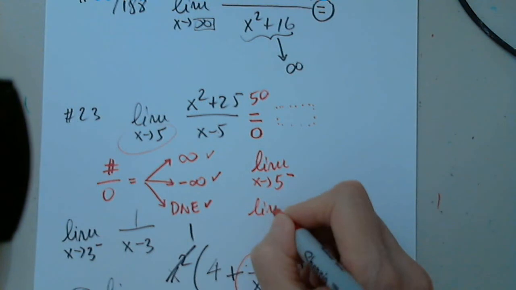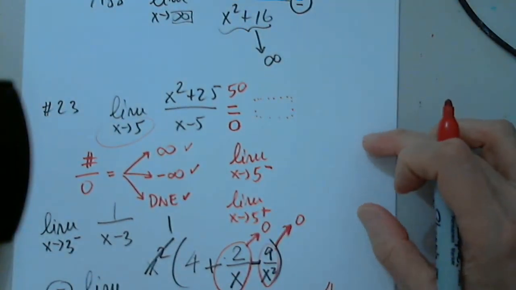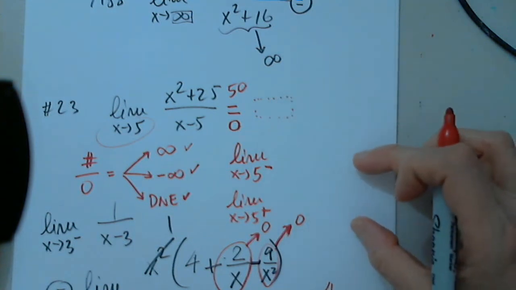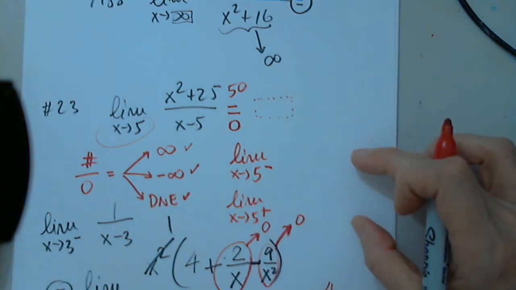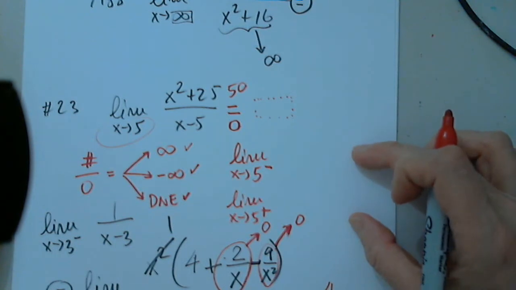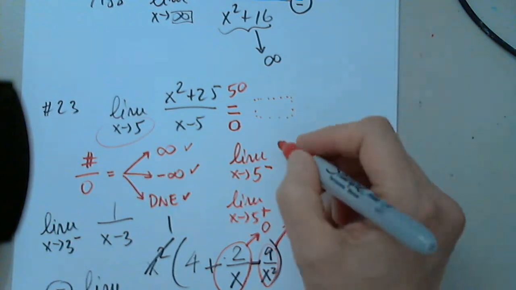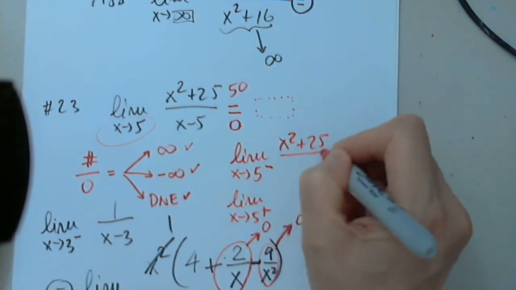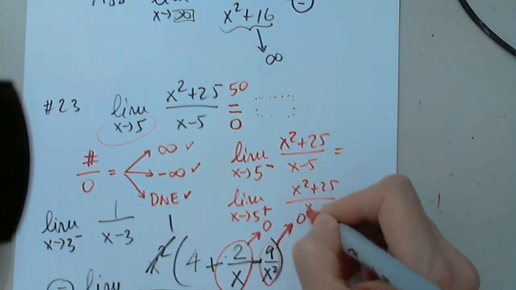I have to find limit as x approaches 5 from the right. If they are both infinity, then I write infinity. If they're both negative infinity, I write negative infinity. If one is infinity and the other one is negative infinity, then I write DNE. So x squared plus 25 over x minus 5.